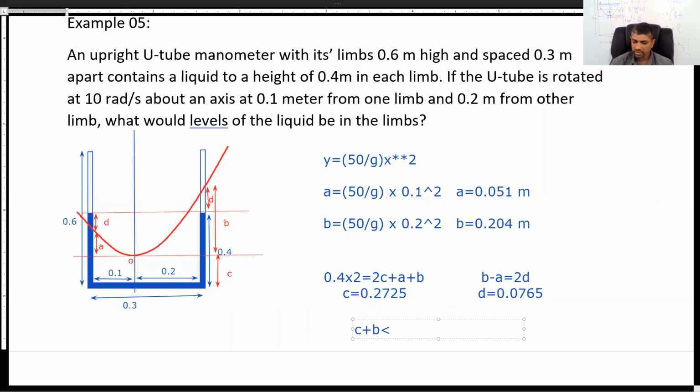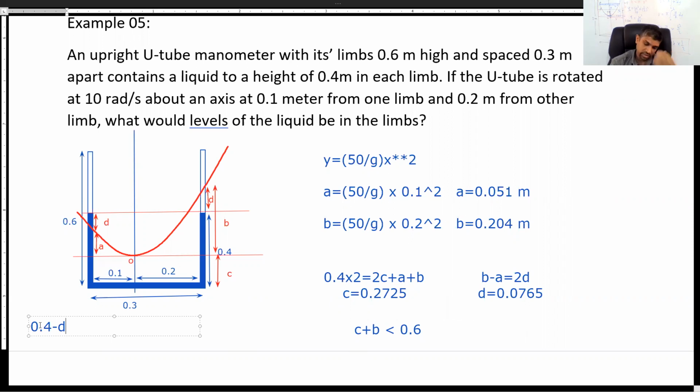It must be less than 0.6, less than the limb size. On the other side, what must happen? In the other limb, 0.4 is the original one. That one minus D is A, no?